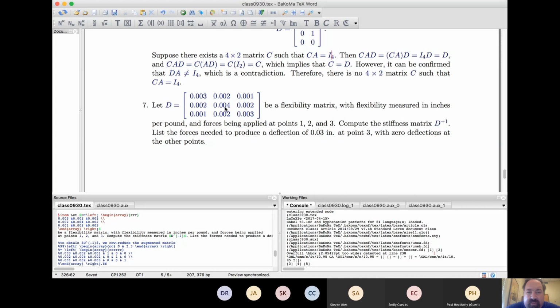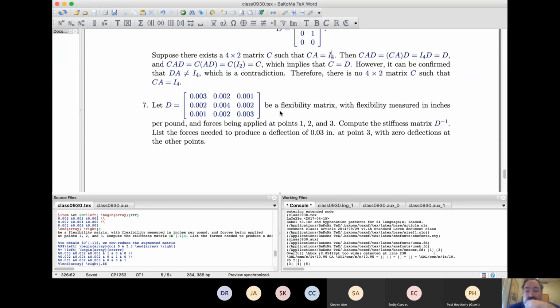Last problem, we have the word problem. So here's a matrix where each entry is indicating flexibility in terms of inches per pound. So we're describing forces being applied at 3 points by this 3x3 matrix. So if D is a flexibility matrix, then the inverse of D is called a stiffness matrix.